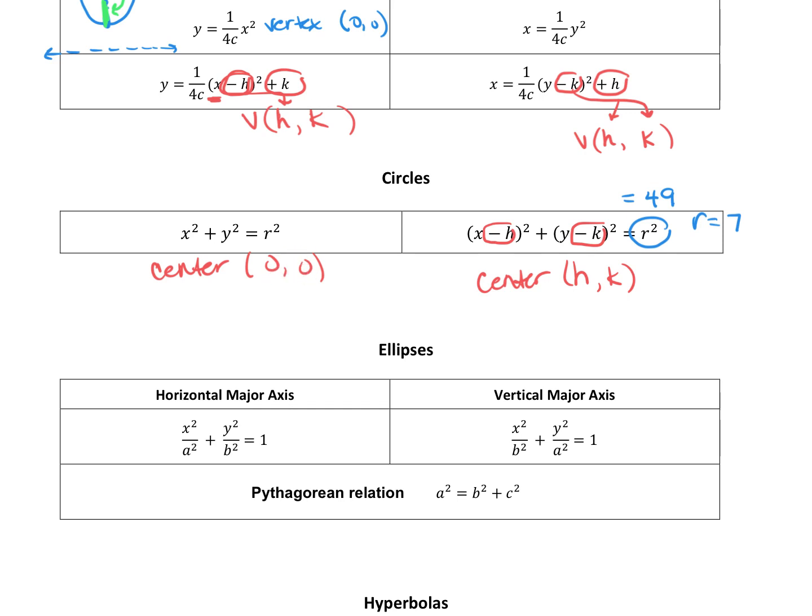It'll either be at the origin or somewhere else. And then, if that's the center, whatever your radius is, you can go that many units in each direction, up, down, left, or right, and then that's how we're going to sketch in a circle, like that.